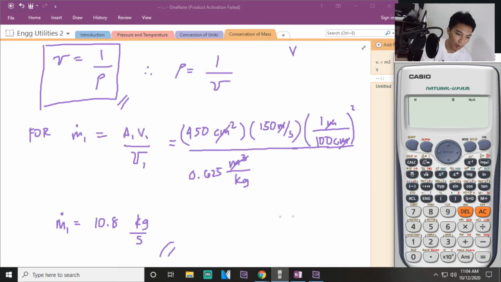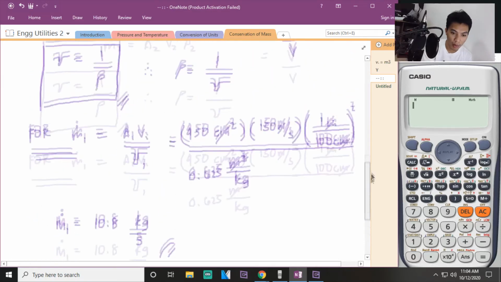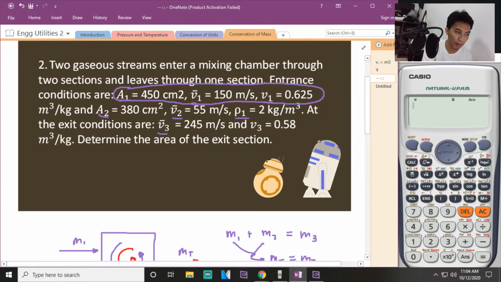Okay? So, we will solve for M2. Tignan natin yung given for M2. It will be A2, B2. Dapat to hindi density 1. This is density 2, mali lang ng type.